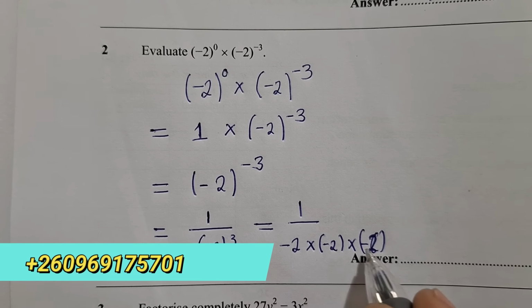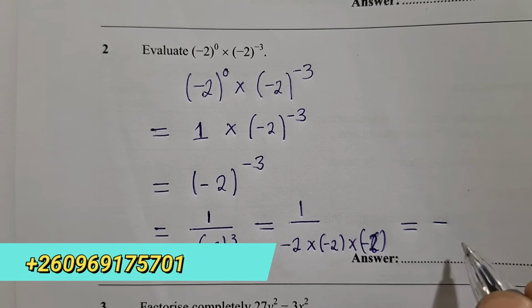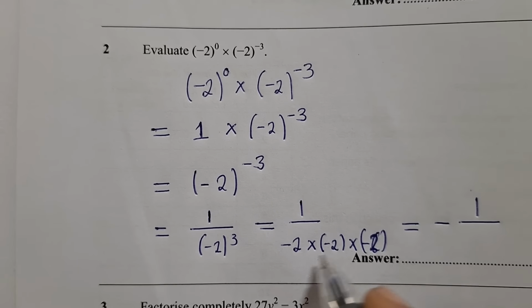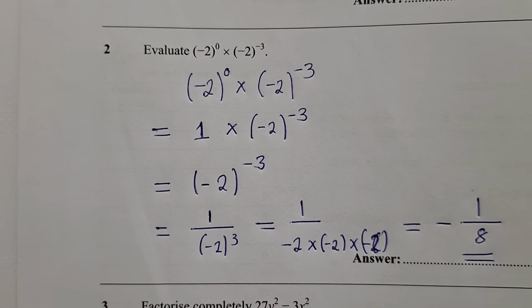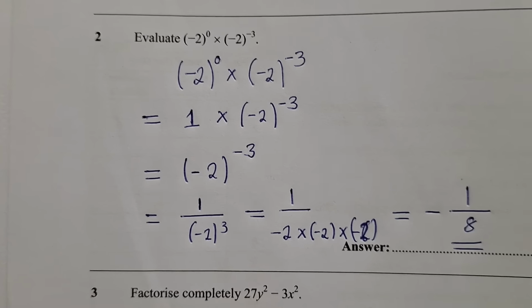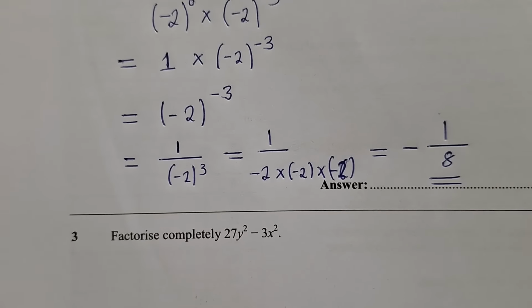So negative times negative times negative, we shall get a negative, and there is a 1 here, and then 2 times 2 times 2, it will give us 8. So this is our answer, negative 1 over 8.